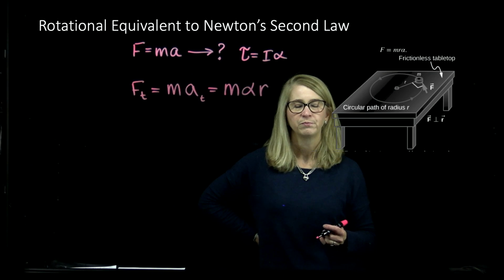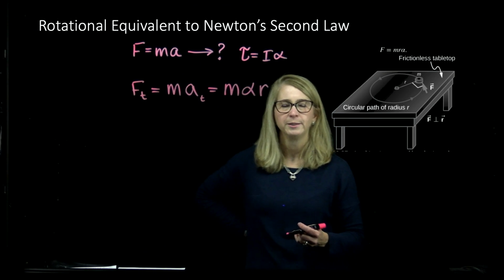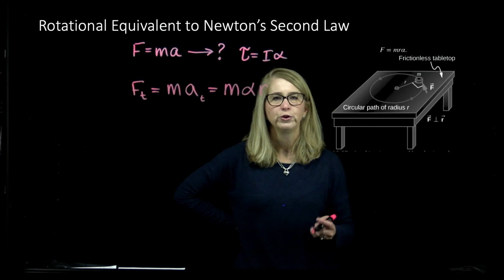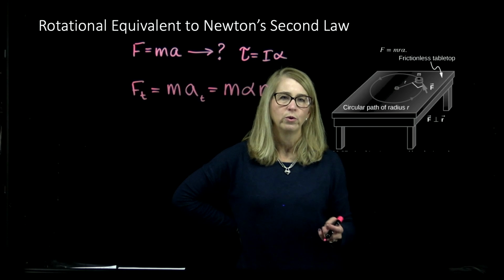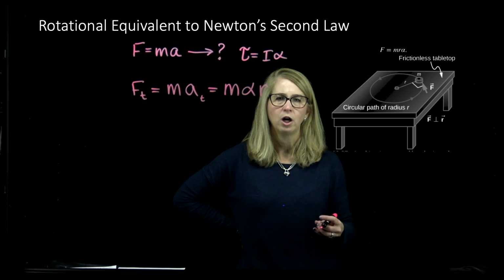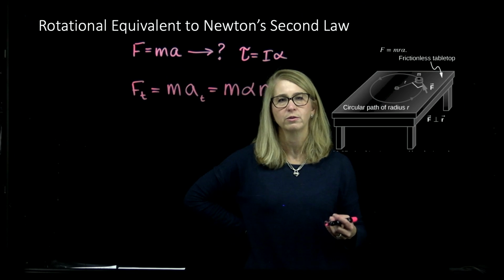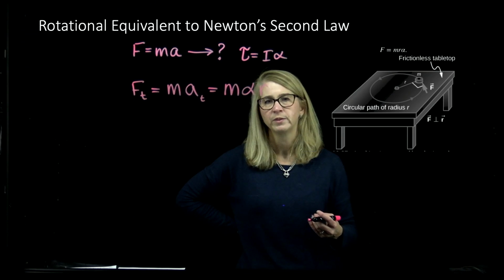Now, that force, because it's perpendicular to the radius, is going to cause a torque on the mass, because it's a force applied so that it's going to cause a rotation.